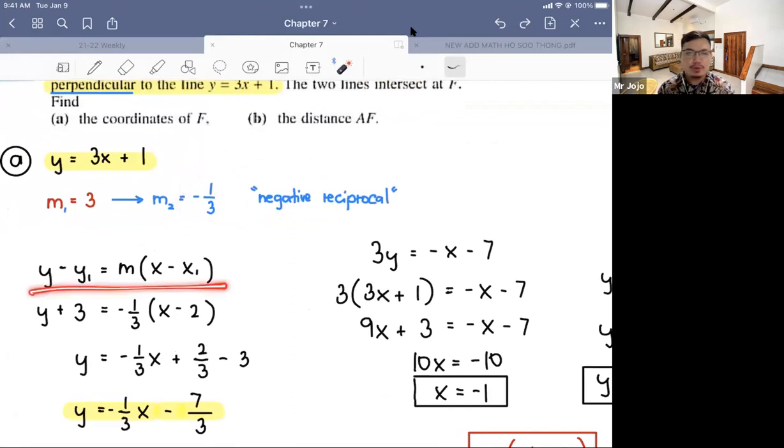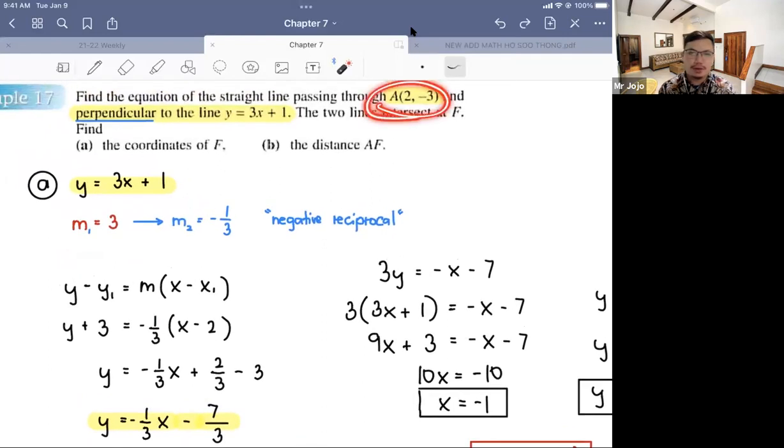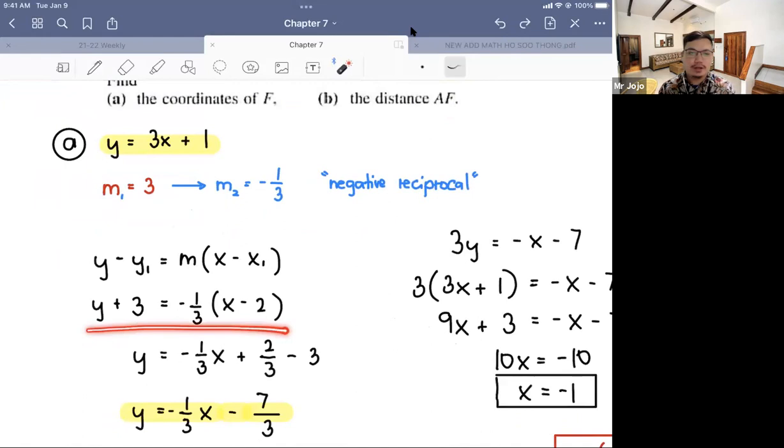Now, using this formula here, okay, m is already negative 1/3. Now, for the x sub 1 and y sub 1, of course, you're going to use point A for that, right? So giving you 2 and negative 3, right? So basically, this is your equation now.